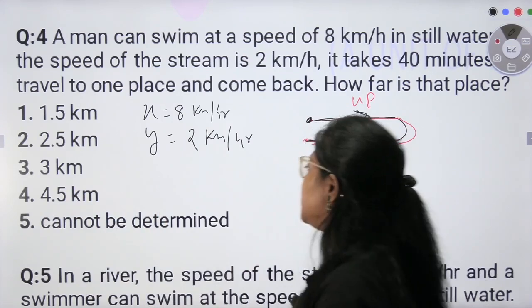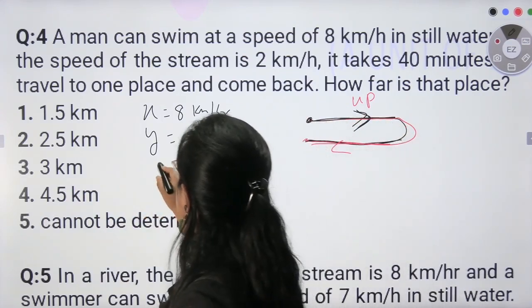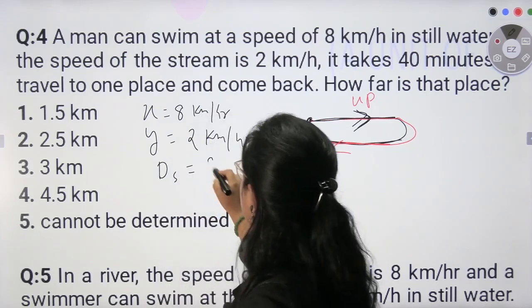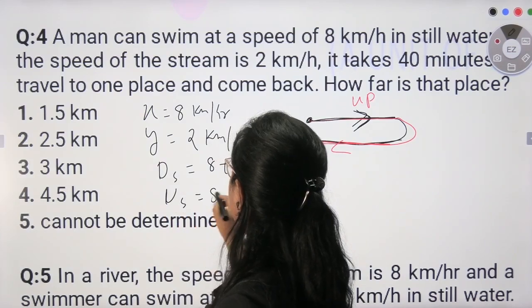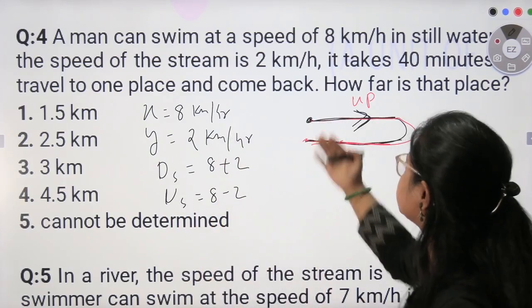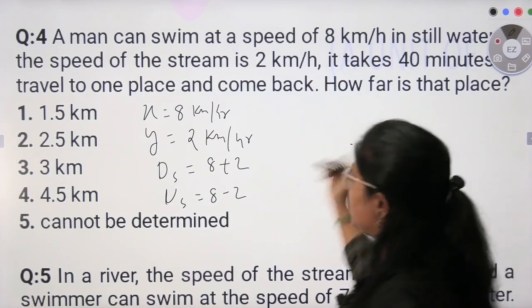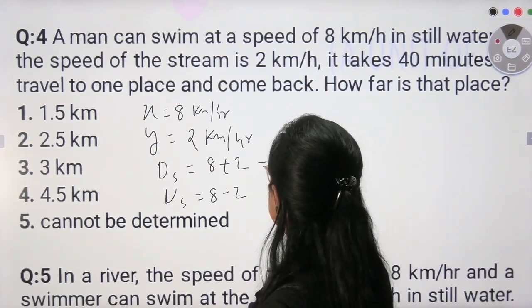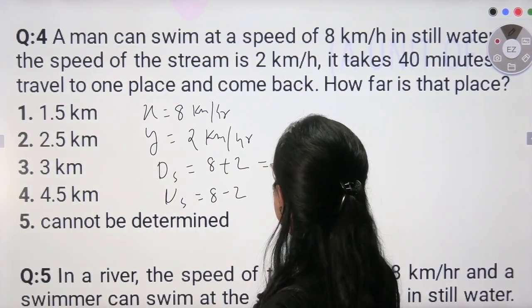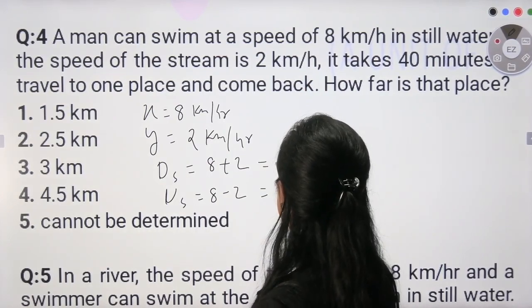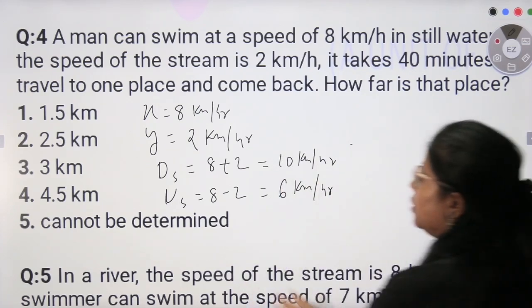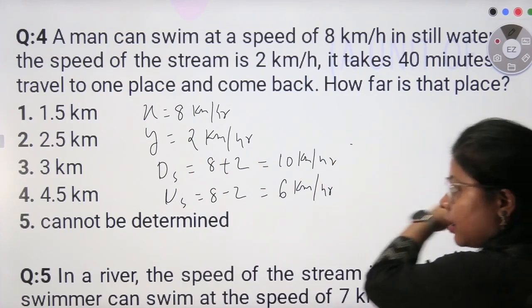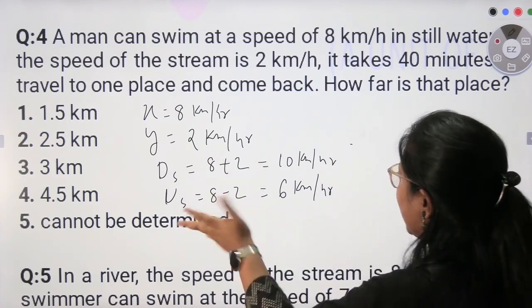Okay, so from here what will I get? Downstream speed will be 8 plus 2 and upstream speed will be 8 minus 2. Fine. So from here I get downstream speed as 10 km/h and upstream speed as 6 km/h. Okay, fine. Now since one direction is downstream and the return direction would be upstream, or anything you can say.